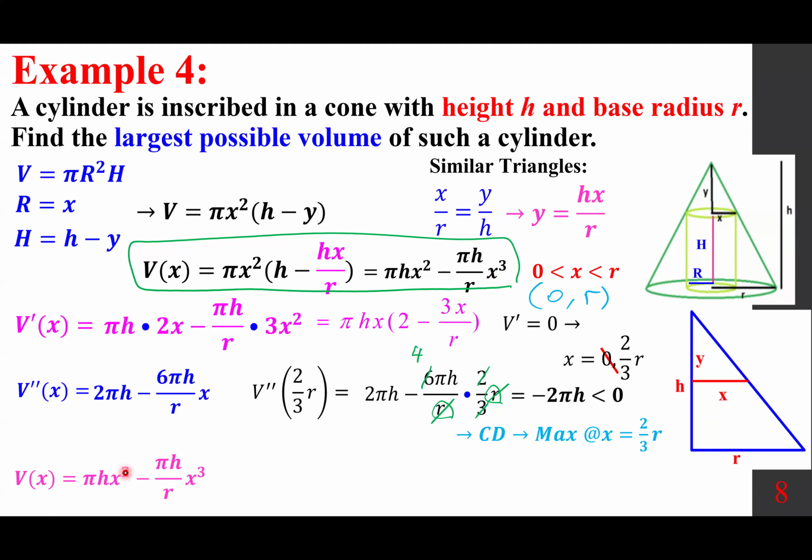I can factor out pi h x squared times 1 minus x over r. Now I'm going to replace the x with 2/3 r here and here.